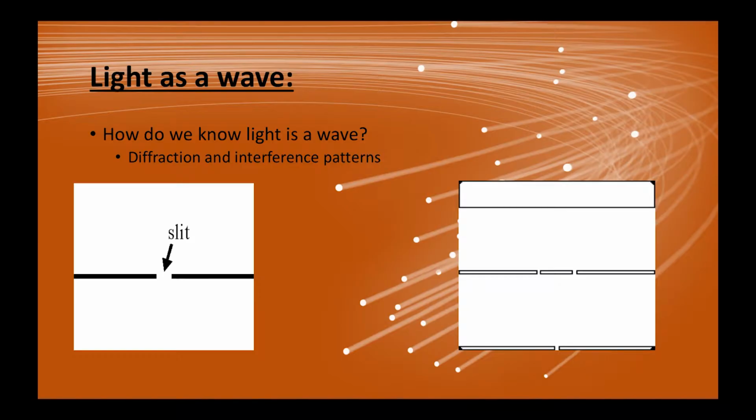So how did scientists first come up with the idea that light is actually a wave? Well, there is a phenomenon called diffraction, and there's interference. Let's look at the left picture.